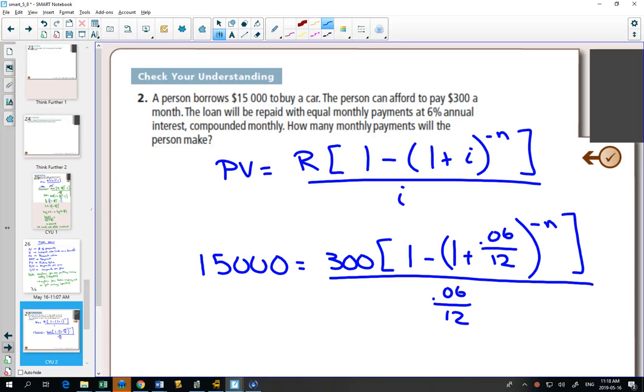Again, we do the same thing as before. We're going to multiply both sides by 0.06 over 12 because we want to get the power all by itself so we can use logarithms. 15,000 multiplied by 0.06 divided by 12 gives us 75.